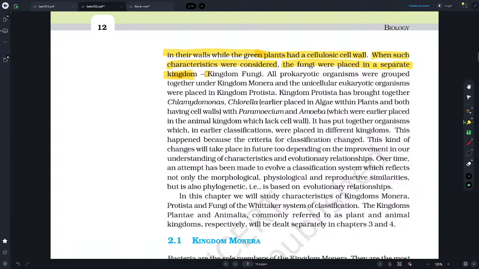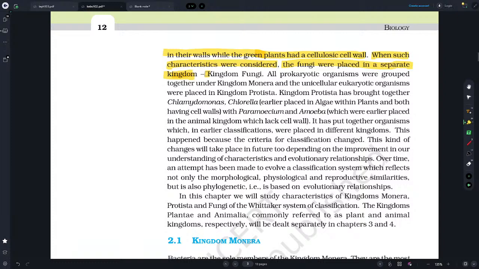Some hyphae are continuous tubes filled with multinucleated cytoplasm. The hyphae can be multinucleated, meaning there are no divisions. If this is a hypha, there will be nuclei here and there, with no separate divisions.